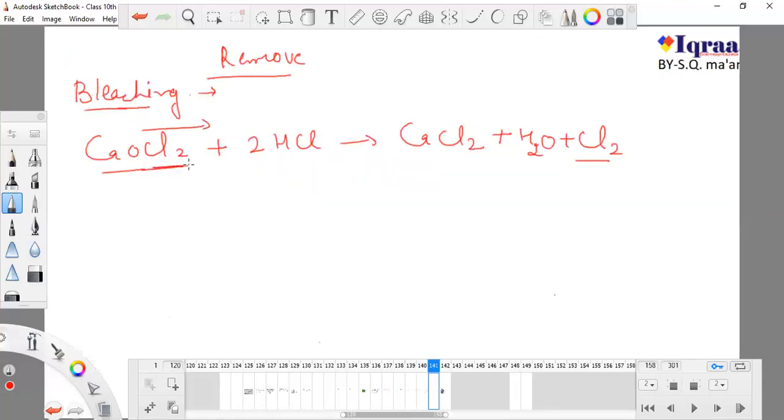So this is our bleaching powder. We have to react this bleaching powder, calcium oxychloride, with HCl, and it will form this salt, this H2O, and this chlorine gas.